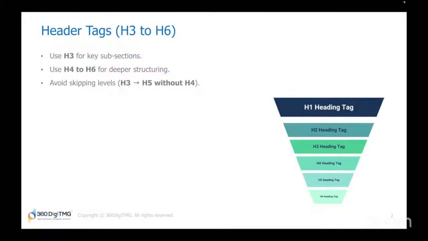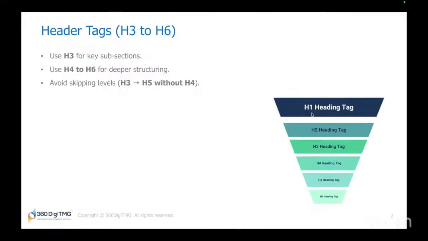As we discussed yesterday, let us recap yesterday's task and activities. In yesterday's session we discussed the header tags. When it comes to header tags, we need to follow the hierarchy H1 to H6. In any web page, only one H1 should be there.